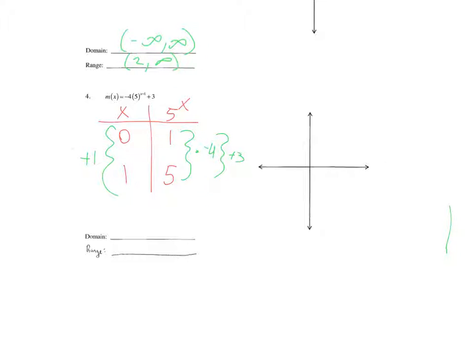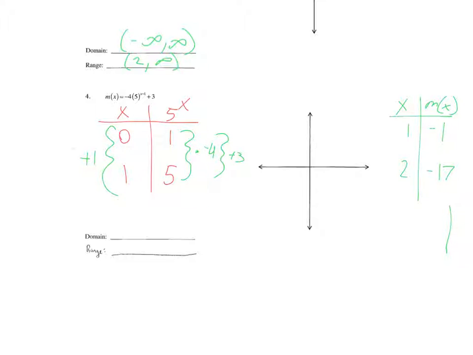So make sure we have space for this. I'll put this over here. X and m of x is going to be the points 1, 2 with -4 plus 3. So that's -1. -4, that's -20 plus 3 is -17. So this is reflected.